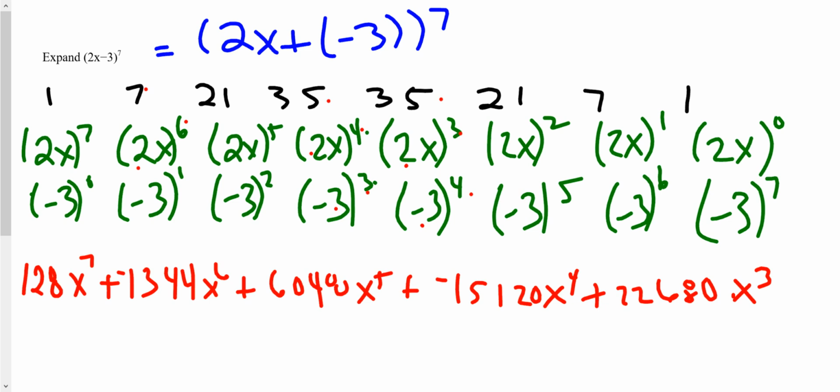I'm running out of room. I'm going to put it down here, plus, and we'll get a negative on this next one. 21 times 2 to the second times negative 3 to the fifth. I've got negative 20,412. And that's x to the second. And then we've got 7 times 2 to the first times negative 3 to the sixth.